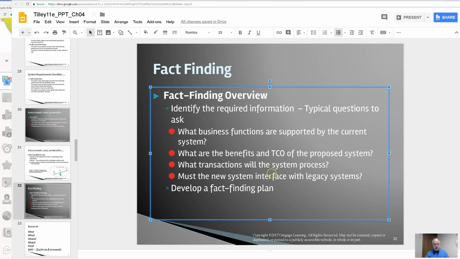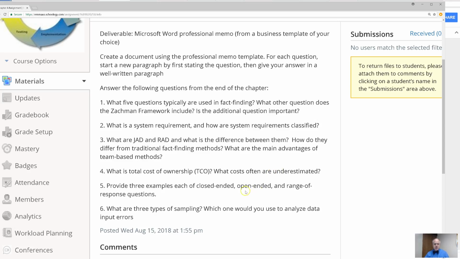So, in the fact finding, what we're looking for to answer the question is various types of questions, and what are the 5 questions. So it's split up into a couple of questions here. Question 1 has what are the 5 questions typically used, and then down here, give me examples of a closed, open-ended, and range of response question.